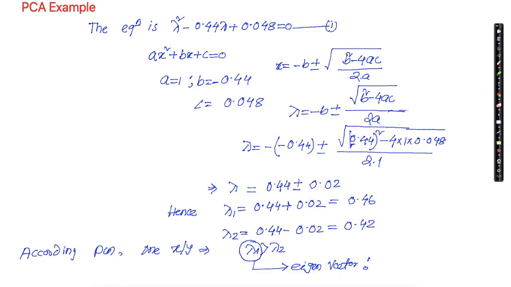As we have discussed earlier, we have to consider the component with the highest eigenvalue. Here lambda 1 has the highest value, so we will consider lambda 1 for computing the eigenvector, and that will in turn give us the principal component that should be used for future computation.